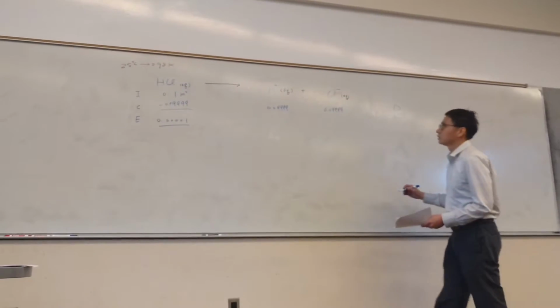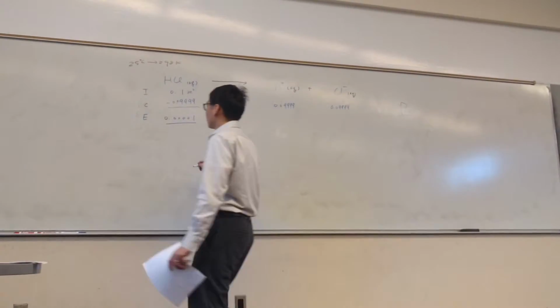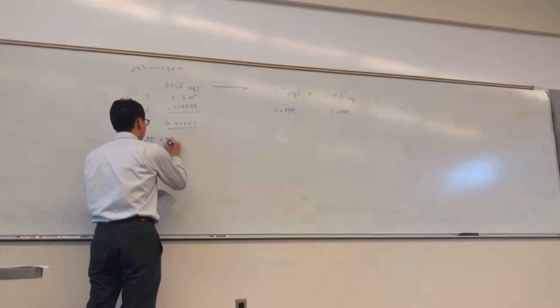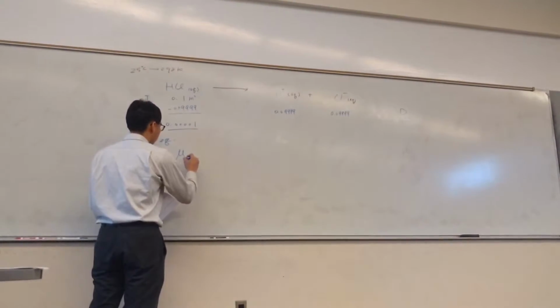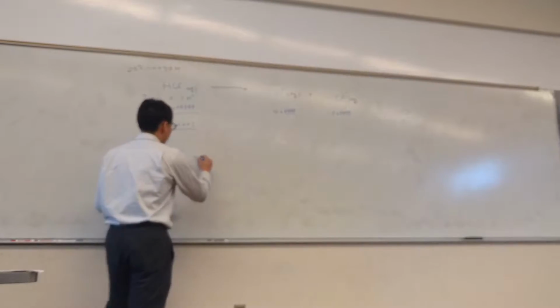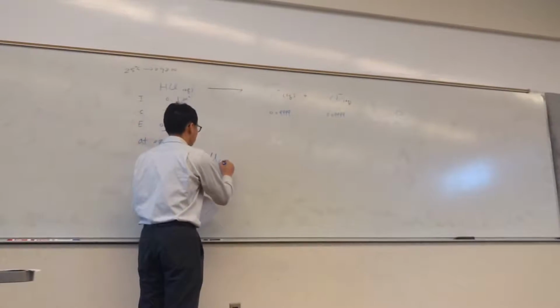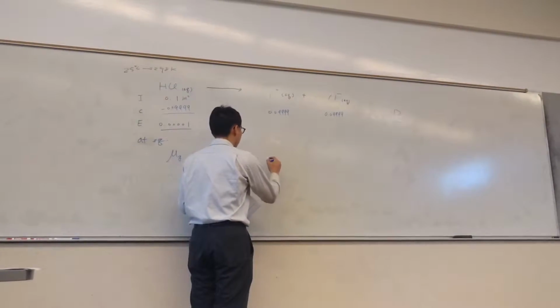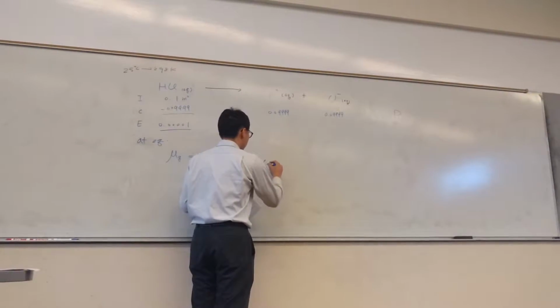To solve that, we need to know, at equilibrium, we can write mu_G equals mu_solution, which equals mu of your ionic or electrolyte species.